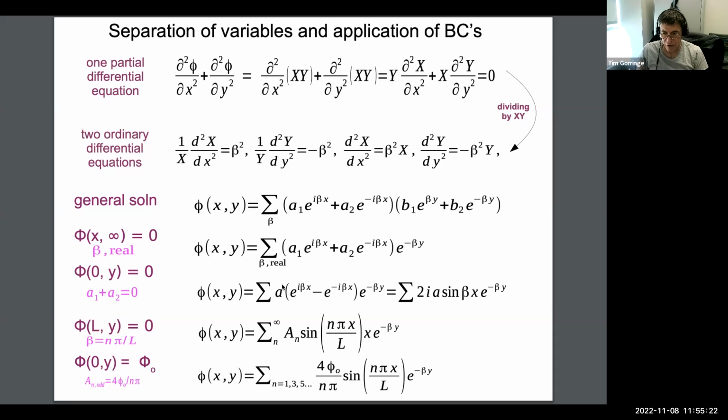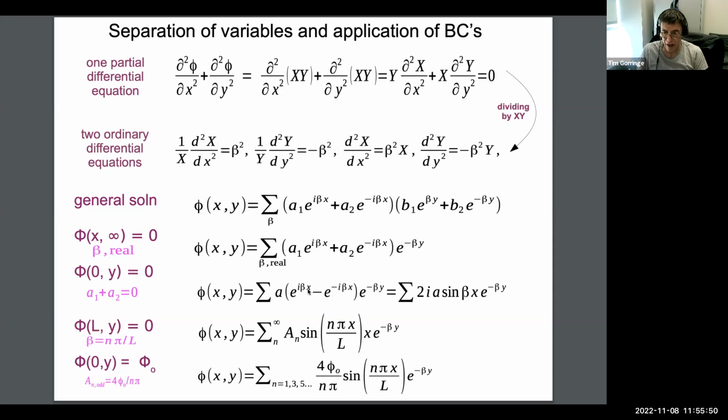Next boundary condition. I've got to ensure that on the left-hand plate, the potential is 0 everywhere, for any value of y. I'm going to have to make this coefficient here, A1, and this coefficient here, A2, equal and opposite.